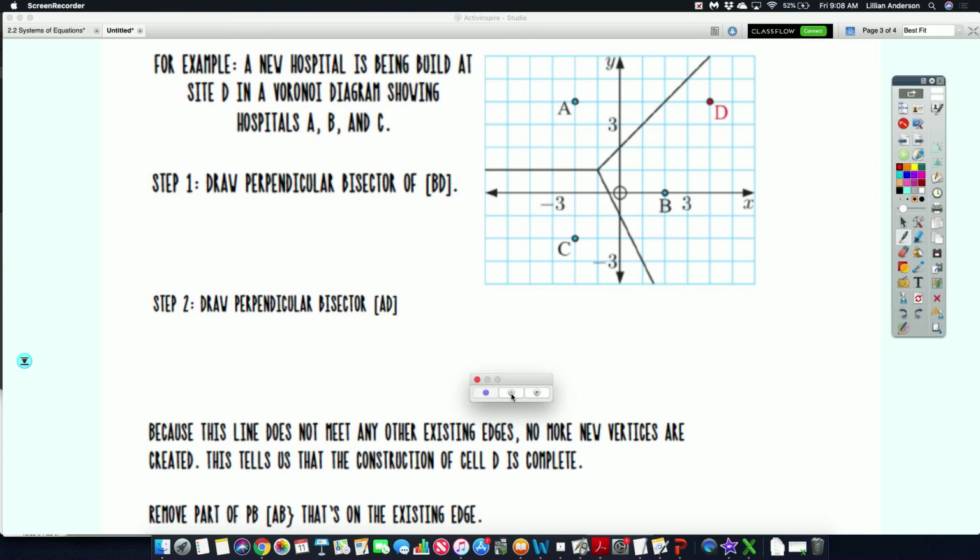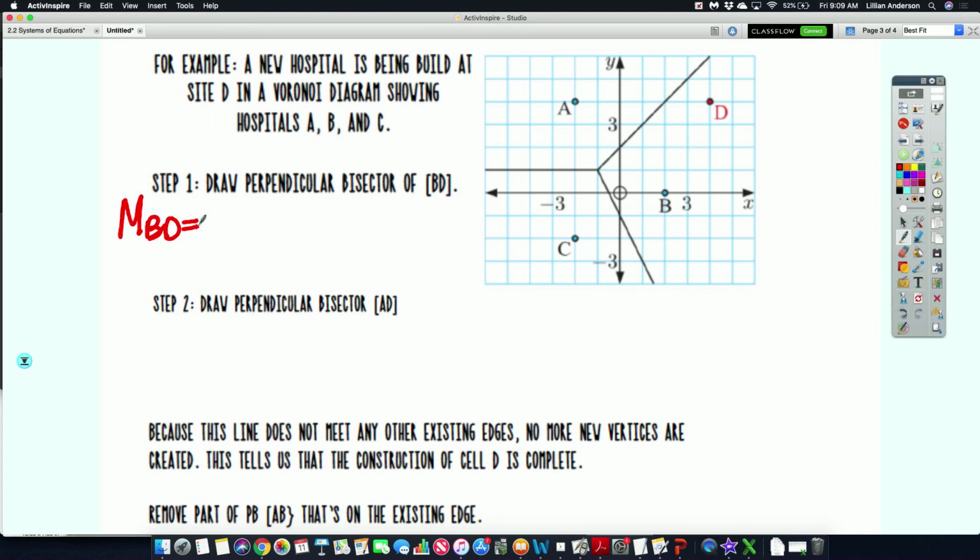Now what we're going to do is construct a perpendicular bisector between what 2 points? B and D. Okay? So we need to construct a perpendicular bisector between B and D. In order to do that, I need a point. What point? The midpoint. I need the midpoint of BD. And I'm also going to need the gradient.